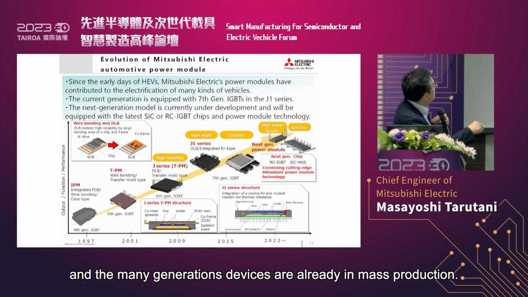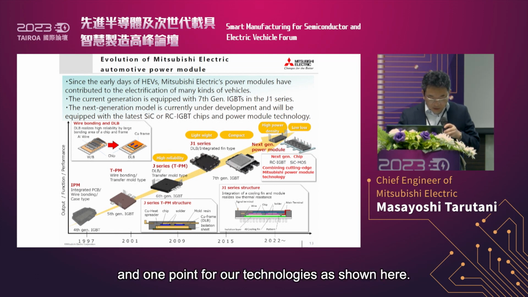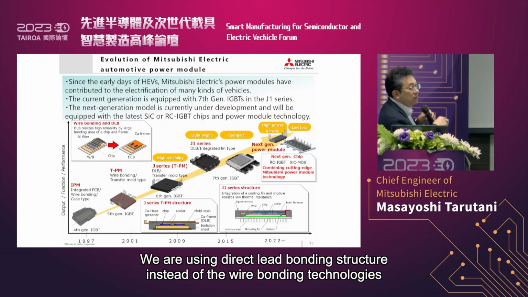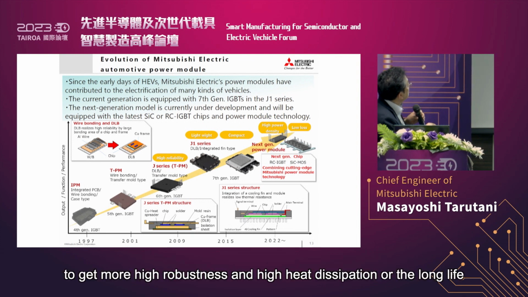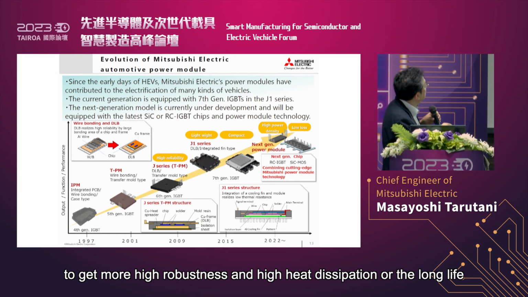Many generations of devices are already in mass production, and we are doing next generation development. One point of our technology is shown here. We are using a direct lead bonding structure instead of wire bonding technologies to get higher robustness, high heat dissipation, and long life.